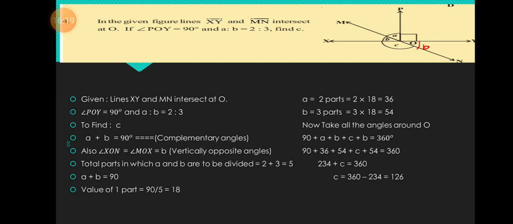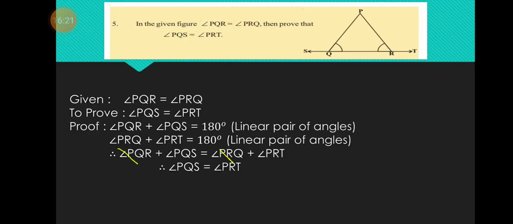Now let us see the fifth question. See, this question is very easy, children. One triangle is there, and simply on the base angles, straight angles are there. 2 angles he has given and 2 exterior angles are there, which forms a linear pair with these interior angles. But in this figure, PQR is equal to PRQ given to us.